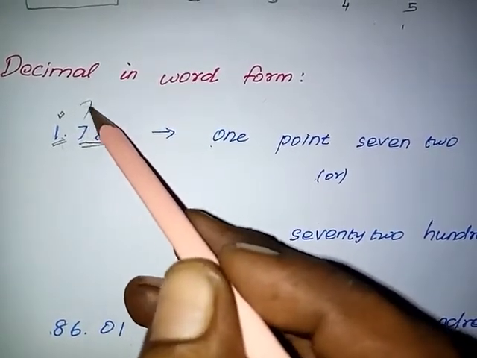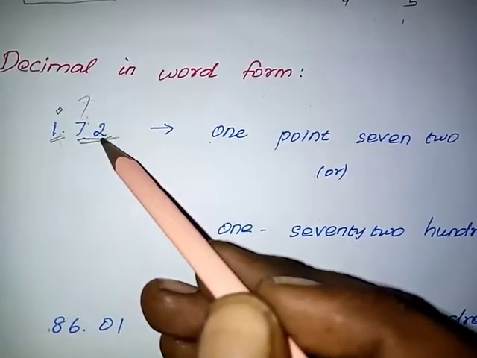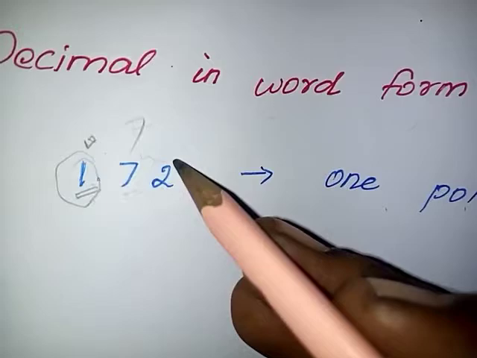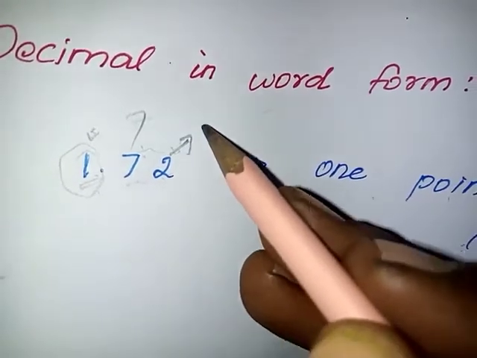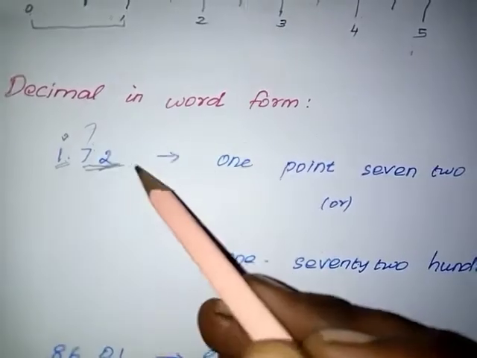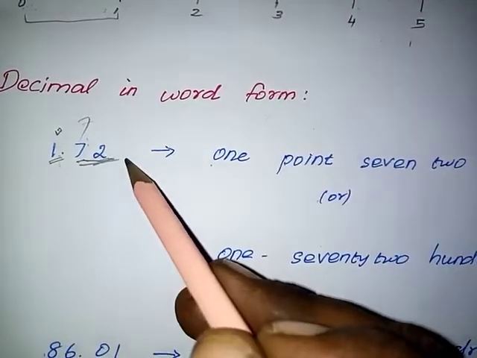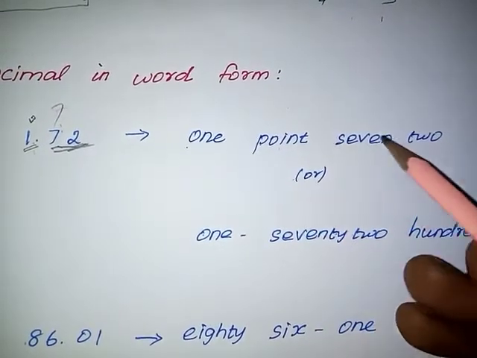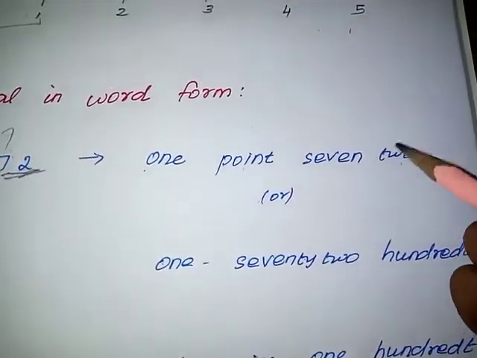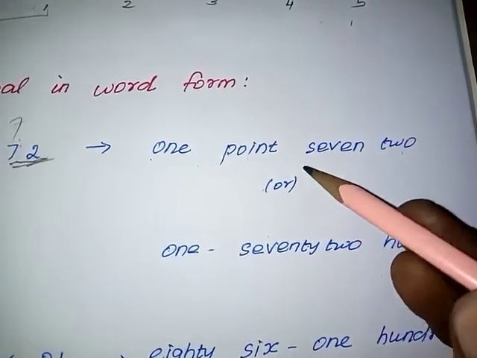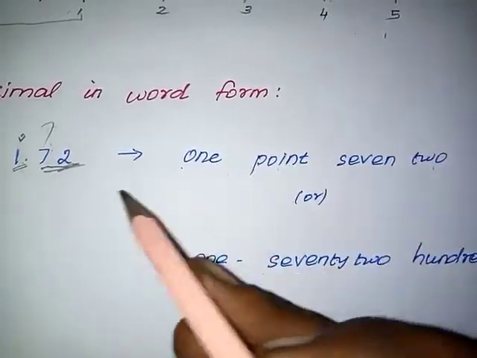So here 7 tenths and 2 represents hundredths. So this 2 represents 2 hundredths. So we have to write the word form of the given decimal 1.72.